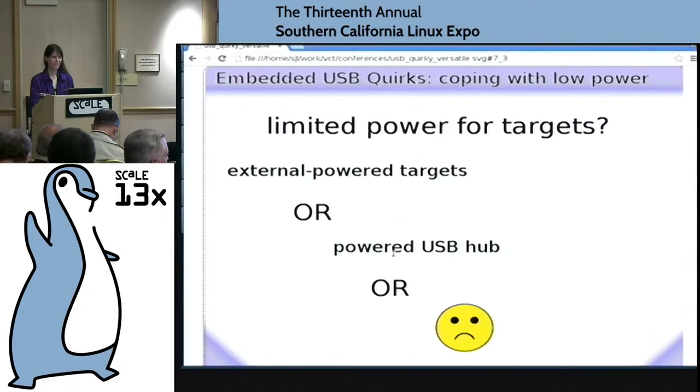Could you not just splice into the power cables? It's not recommended. I mean, magic smoke comes out. Well, if you do a 5-volt one, and make sure the current doesn't start flowing in the other direction. Yeah, if it's not OTG, then you might be able to get away with that, using the red wire.